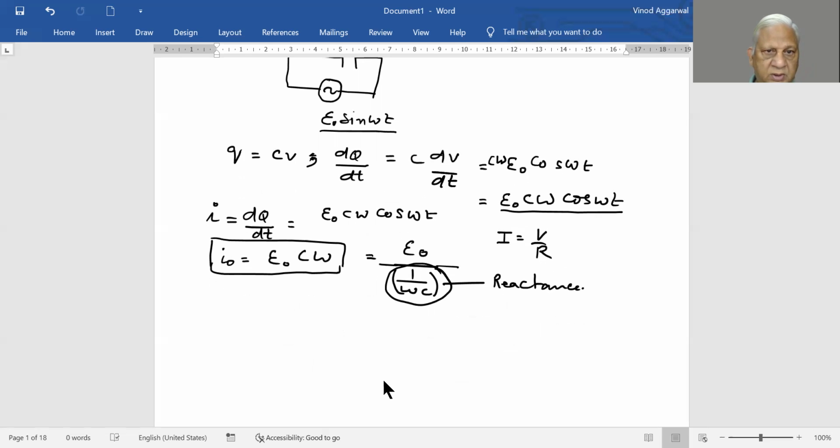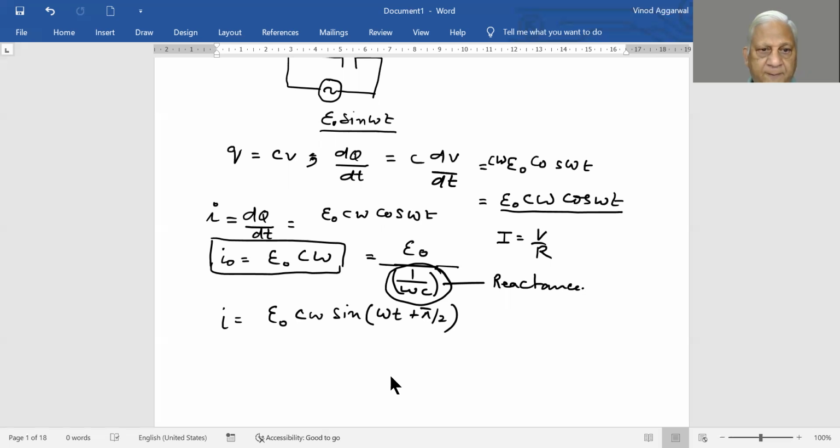And we can also write this term, we are going to rewrite in terms of cos function. The cos function will be, so you see our voltage source was sine omega t, but the current that we get out of it is cos omega t, that is sine omega t plus pi by 2.